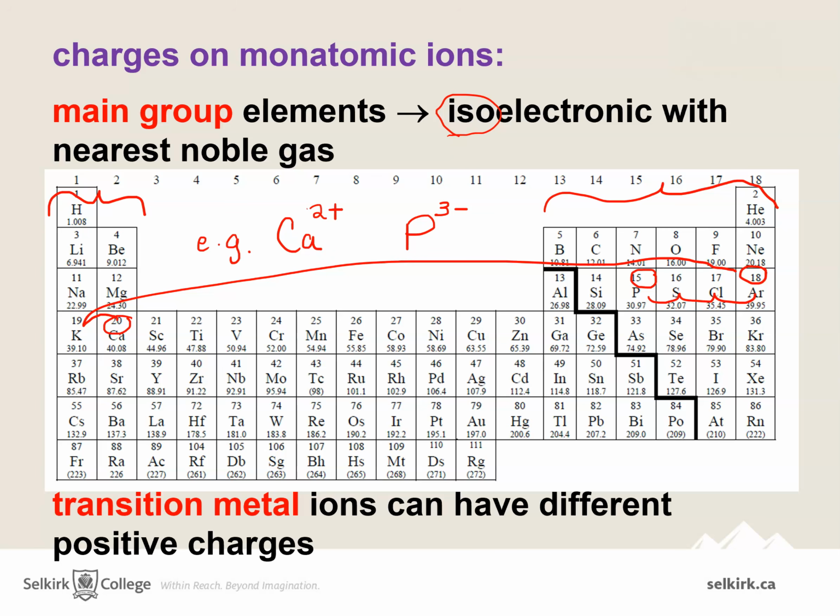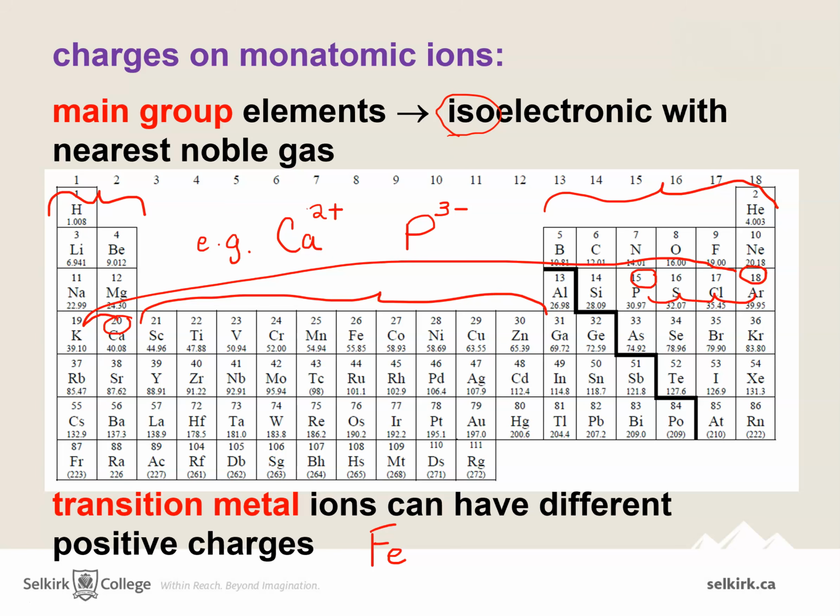Now we're going to look at the transition group elements, which are the guys in this short column here. They're a little more challenging because transition metal ions can have more than one charge. So if I look at iron, for example, Fe, what is its charge?